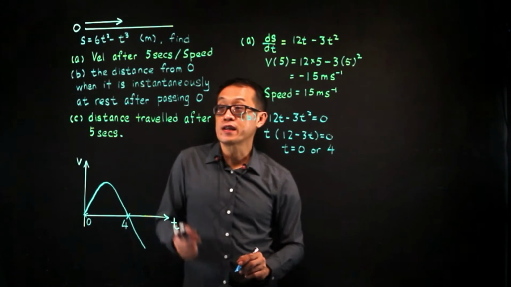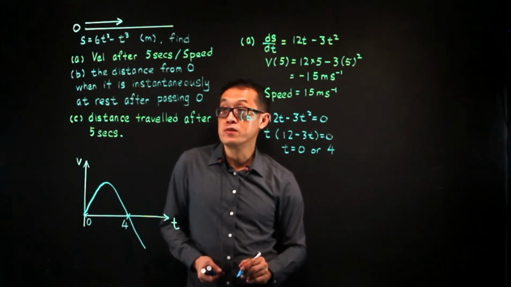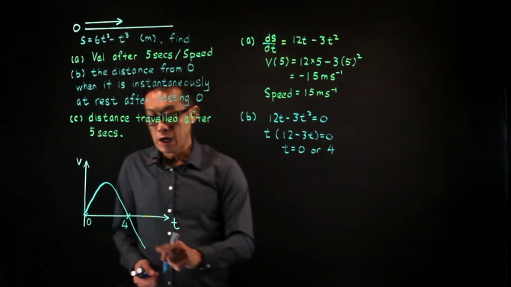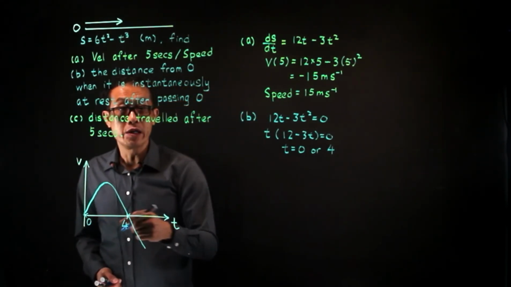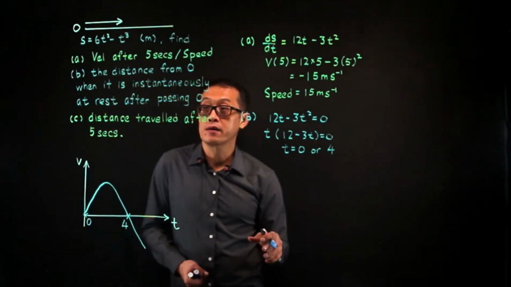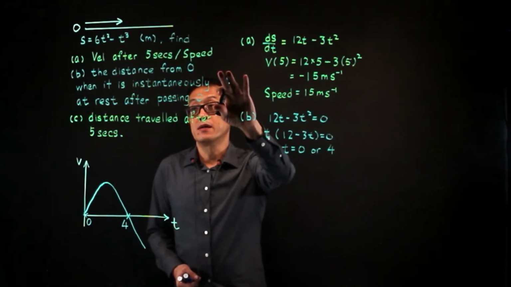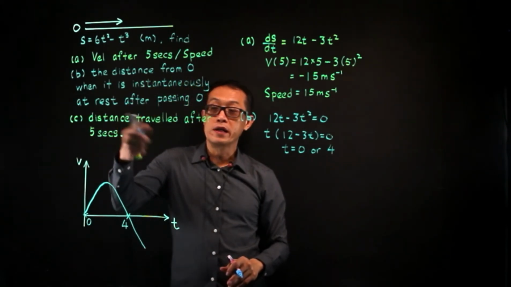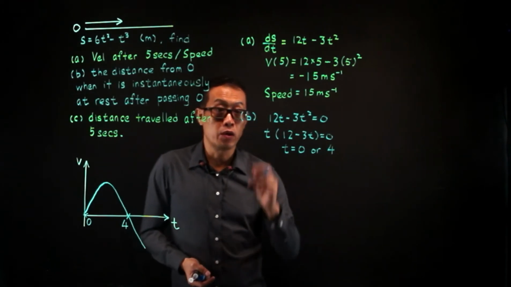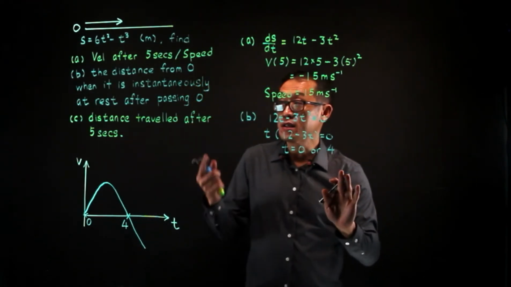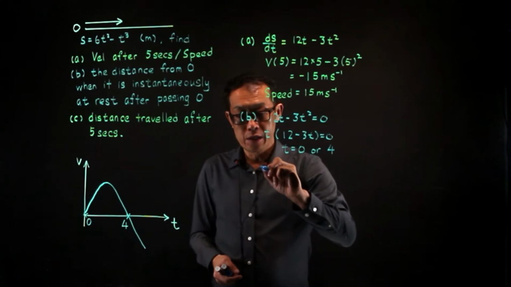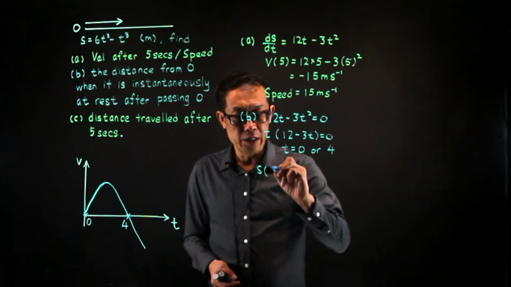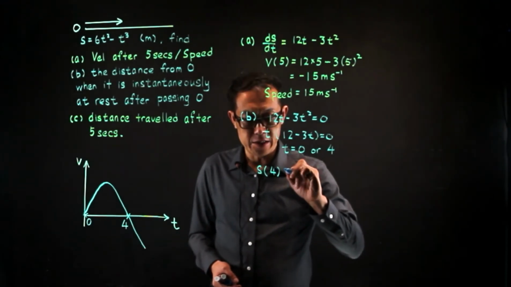Now you are asked to find the distance from O when it is instantaneously at rest. So what we can do is find the displacement, because it's a distance from O, when it is instantaneously at rest. We just substitute t equals to 4 into your displacement expression.